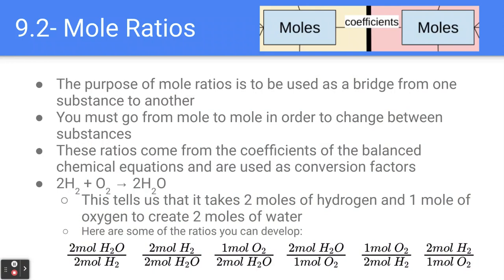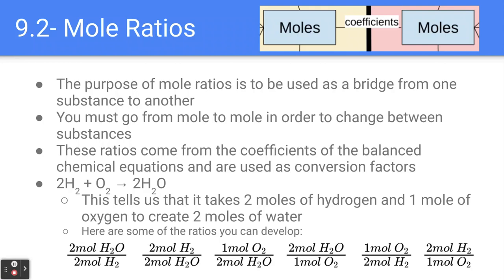You can see there is the equation for how we make water. We have 2 hydrogens and an oxygen being used to make 2 waters. We can think about that in terms of atoms, molecules, but the more useful way is moles.